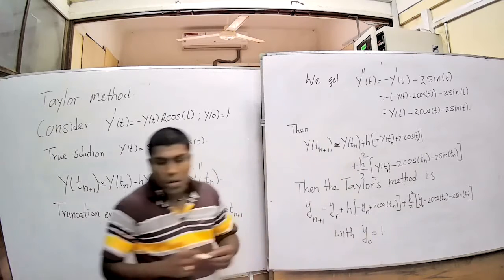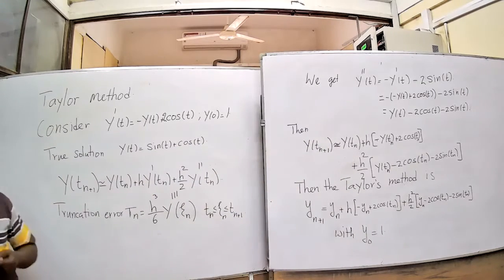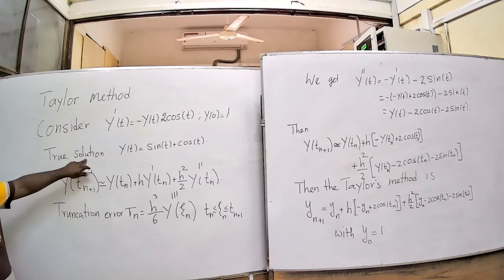So now you can see that you derived the Taylor's method here by using the true solution.